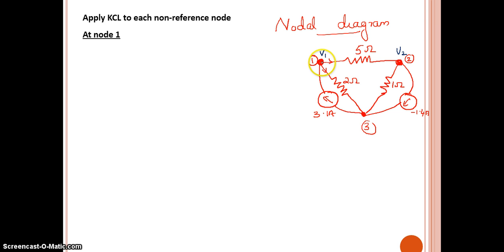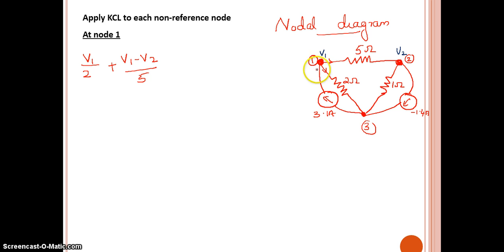So when I am considering node 1, we have the first current leaving through this branch. We can write the current through that branch as V1 divided by 2, because this is 0. V1 divided by 2. Now this branch, it is plus V1 minus V2 divided by 5 ohm.